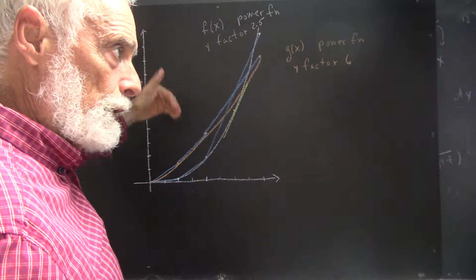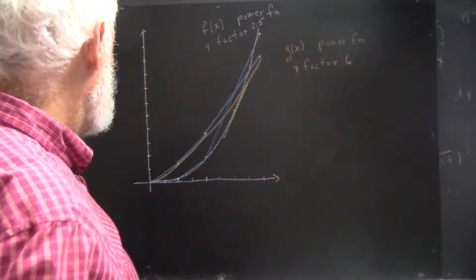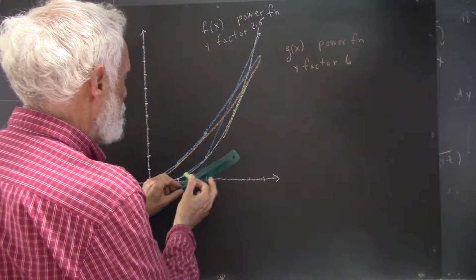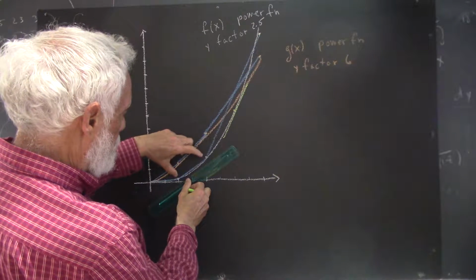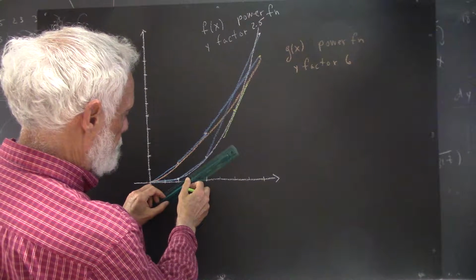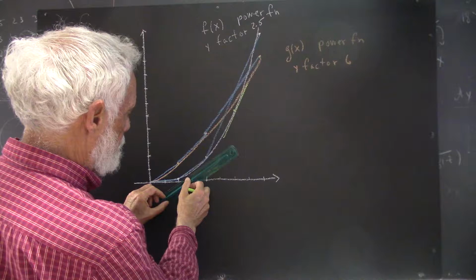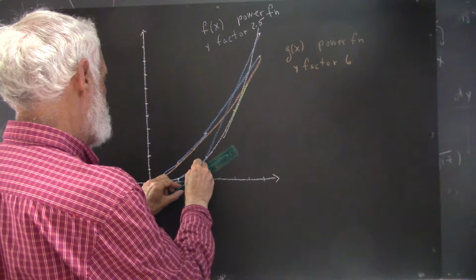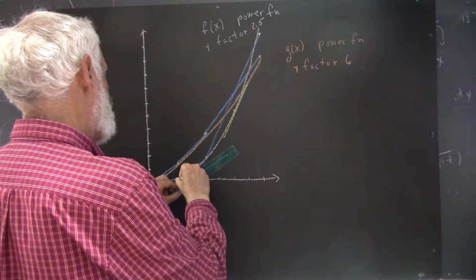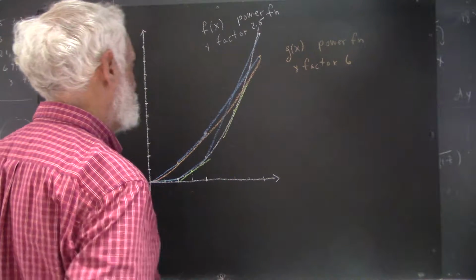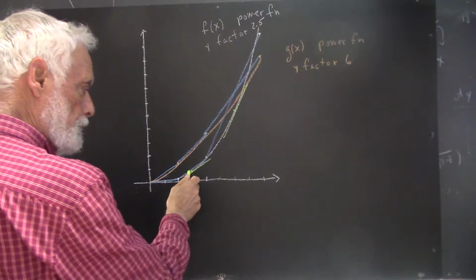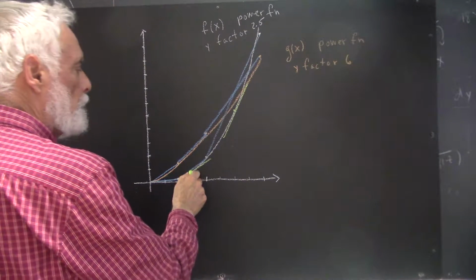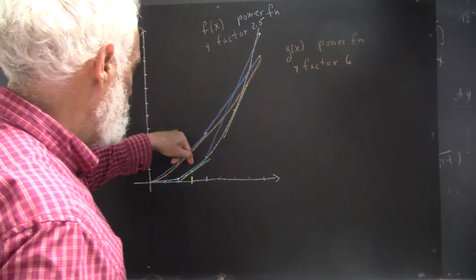Now, I'm assuming we know what a tangent line is. Where does the ruler first touch the graph when it's parallel to this segment? I'm thinking it's going to be right about here. Now, I want to mark the coordinate where that occurs.